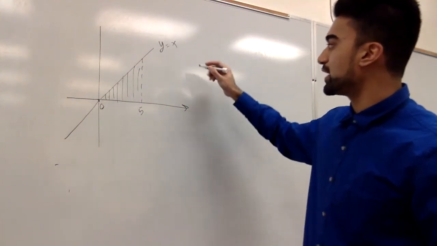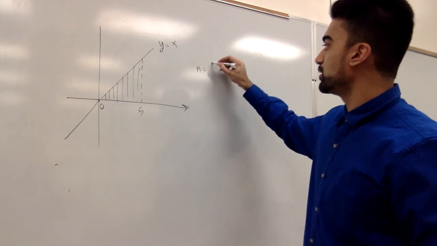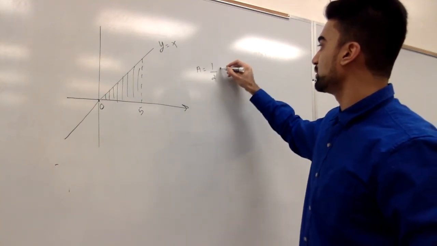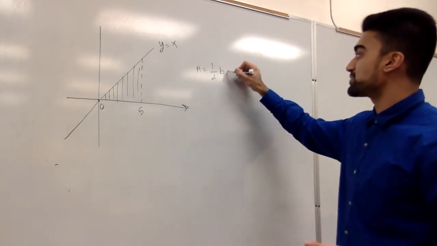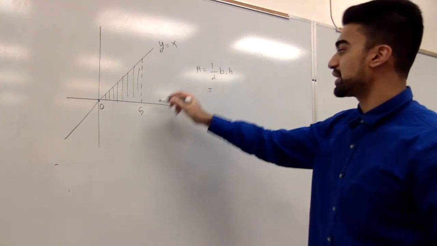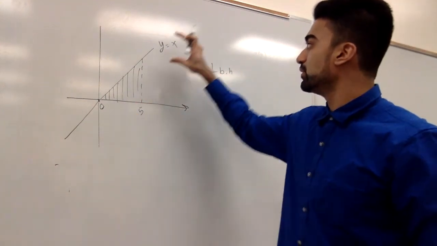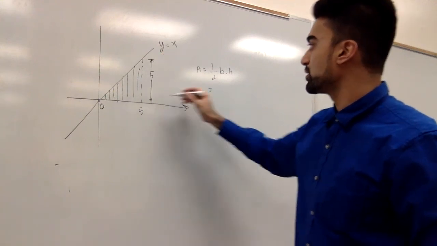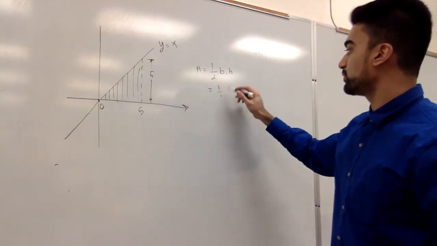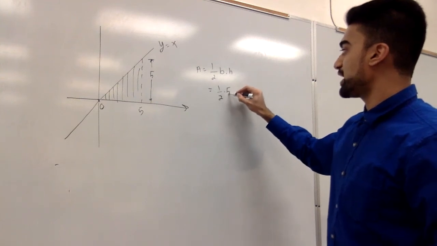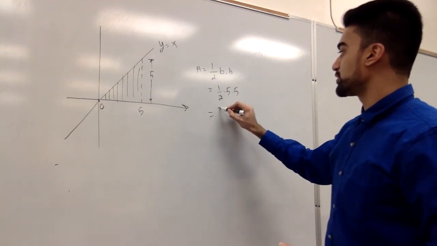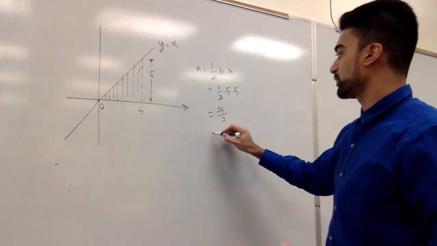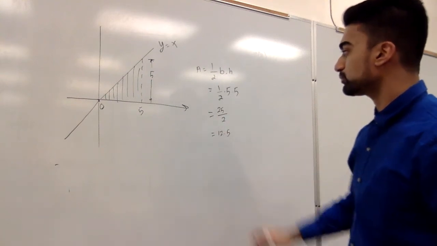And we know the area of a triangle is just going to be 1/2 times the base, times the height, which is, in this case, if this is 5, y equals x, so this thing is also 5. So the area is just 1/2 times 5 times 5, which is 25/2, which is just 12.5.